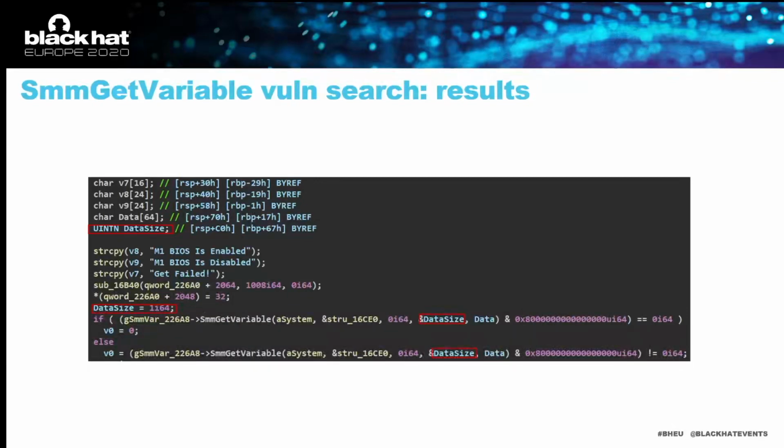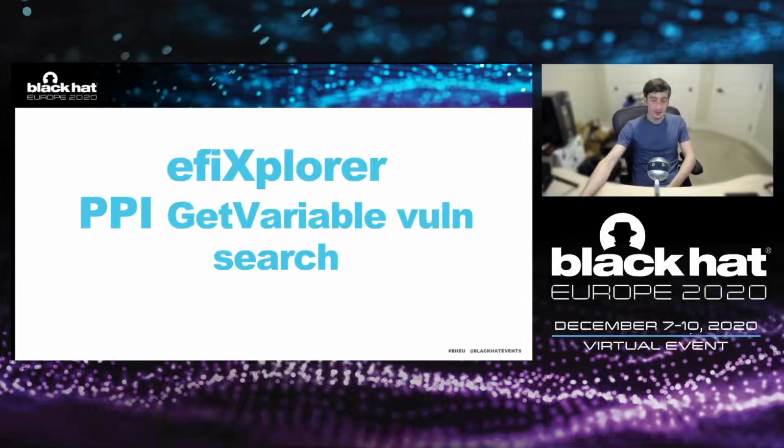There's a data size. It is initialized once, but then this value on a stack is implicitly updated after the first call, and no one checks that the situation is happening. No one checks that data size is updated, and the second call causes overflow of the data variable.